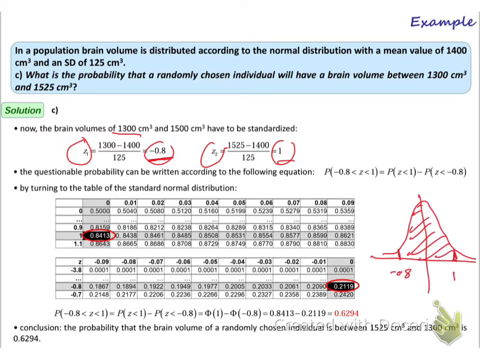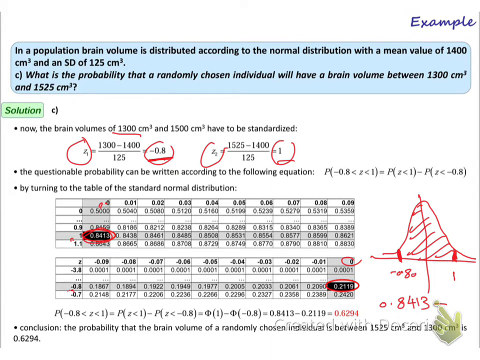First z is 1. I get the area up to 1 from the table here, 1, and there are no decimals, so 1.0. The probability here will be 0.8413 minus the probability of minus 0.8. So go to minus 0.8, and there are no decimals also.